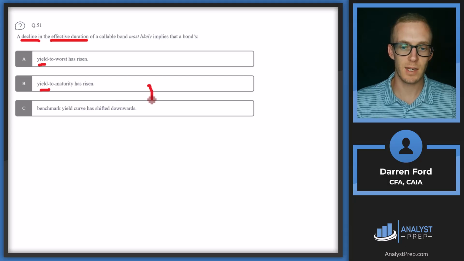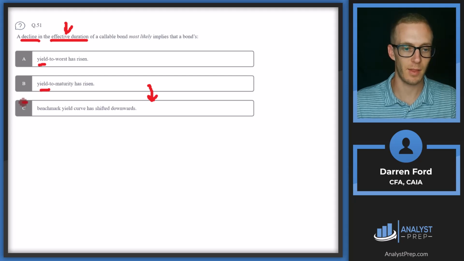So if rates decrease, essentially what this means is that the price of that callable option goes up, and it becomes more likely that the issuer is going to call that bond back. And when it's more likely that the issuer is going to call that bond back, it's more likely that bond is not going to make it to maturity, hence the decrease in the duration.